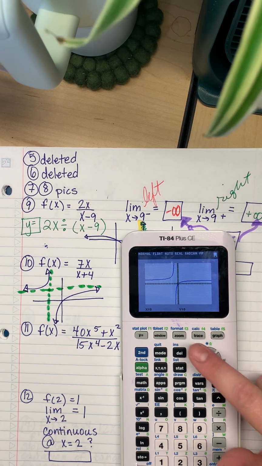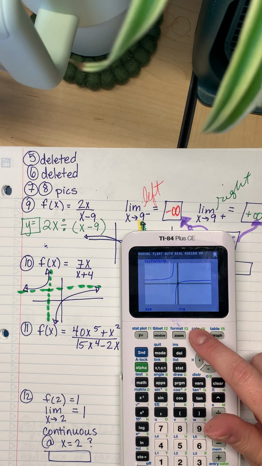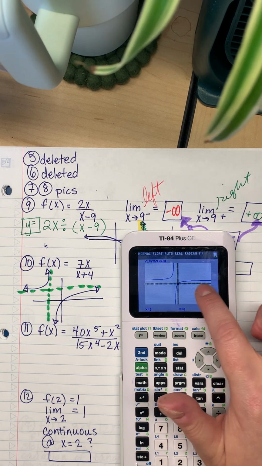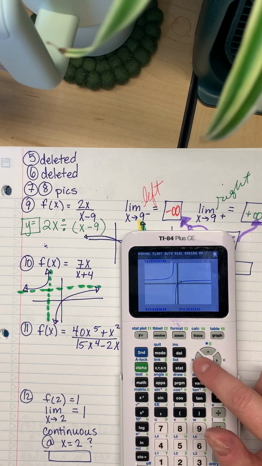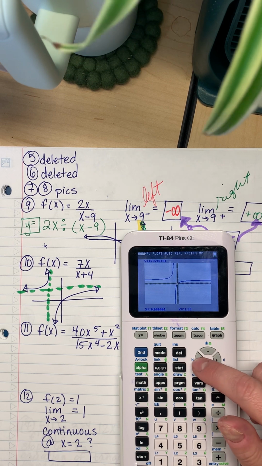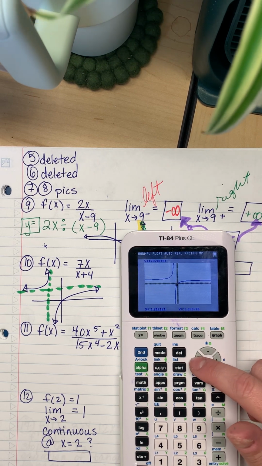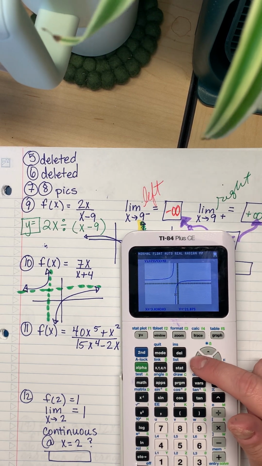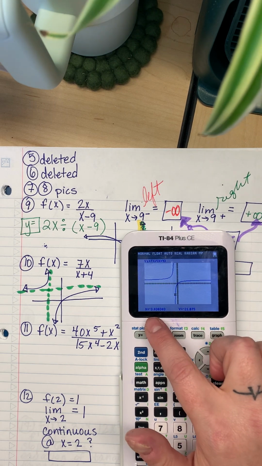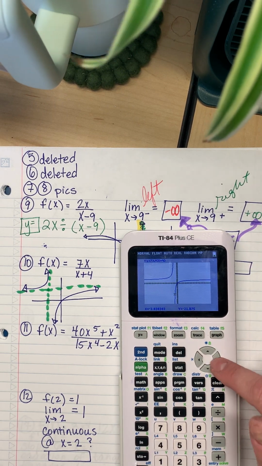So I'm just gonna press the trace button and move my little flashing spider left and right. As I move it, you can look at the x values at the bottom.